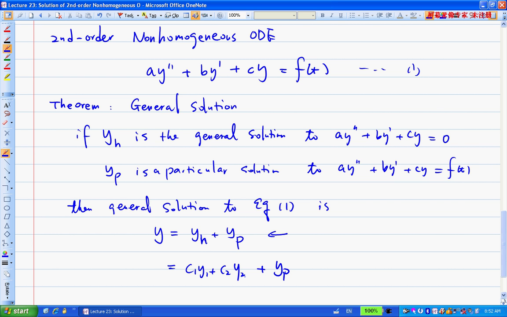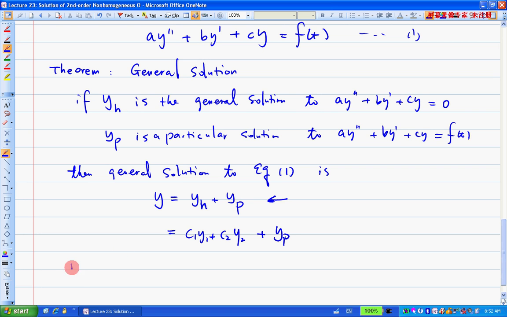I think I'm going to skip the proof here, which is in my lecture notes, all right? But I think it's a pretty easy proof if you look at the lecture notes. Okay. The y_h here, sometimes we also call it the complementary solution.